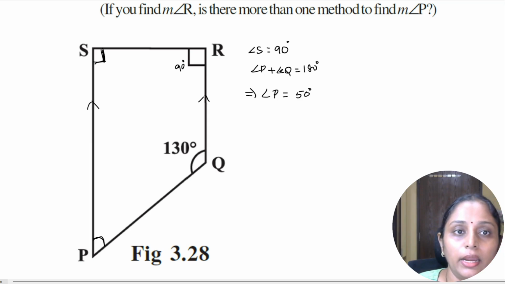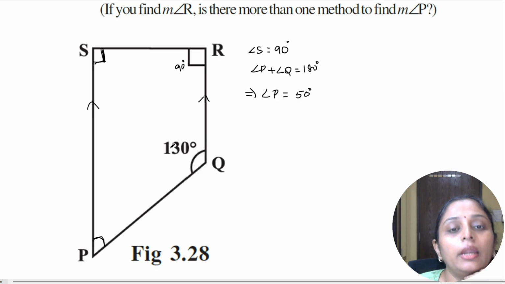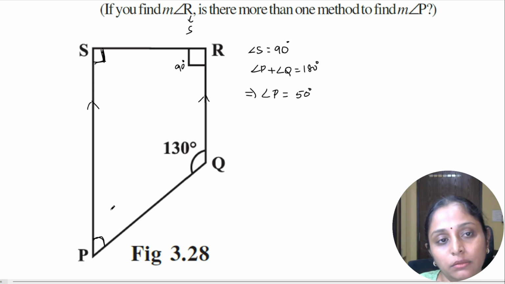Therefore, I have the angles P and S, right? Now they're saying if you find the measure of angle R, is there more than one method to find angle P? Once you have found R and S, okay, can you find P without using the properties of parallel lines?